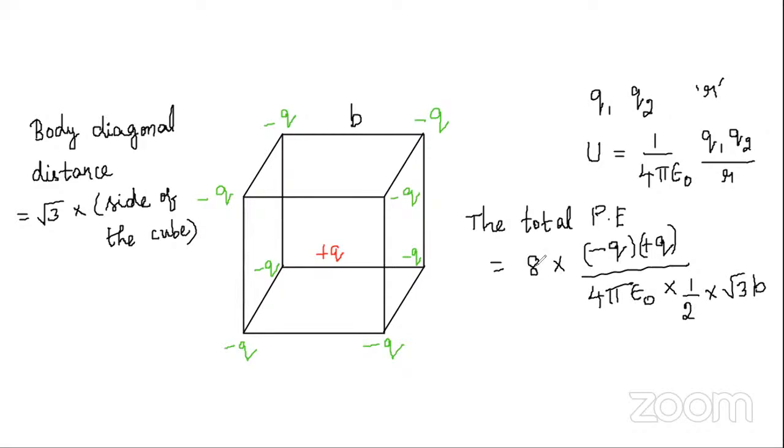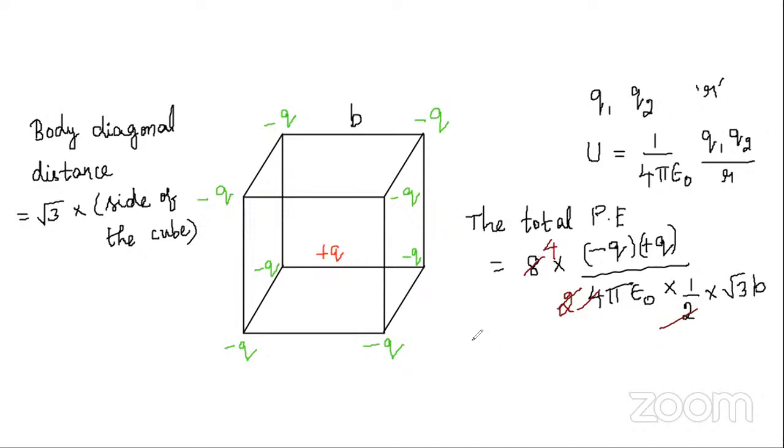Then this 2 and this 8 can be cancelled out, and it will give you 4. So you cancel out this 2 and this 4, and you will get 2 here. After that, cancelling this 2 and this 8, you will get 4.